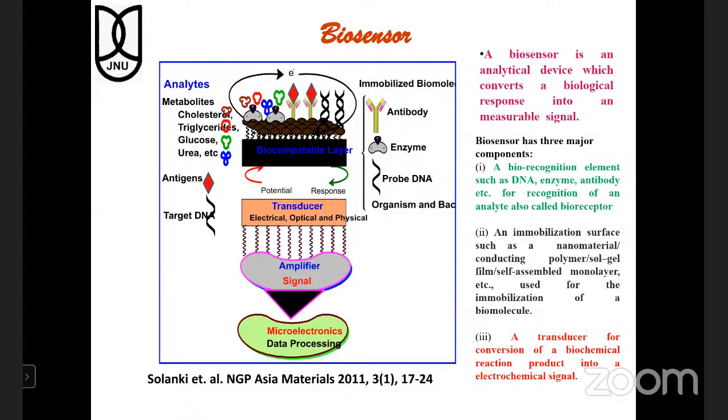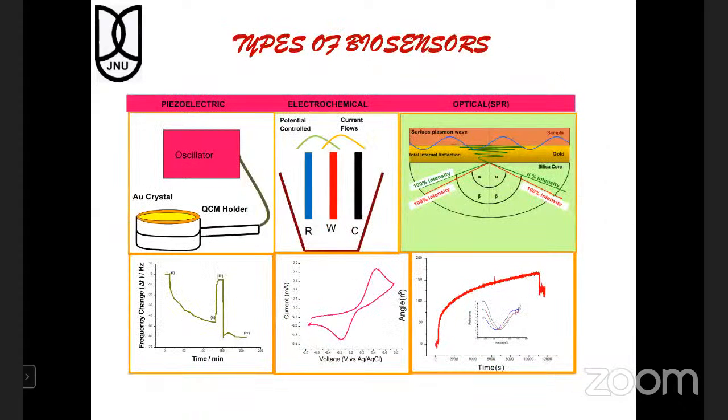After the transducer selection, we can attach an amplifier to enhance the signal, and finally we can monitor the output. On the basis of the type of transducer, piezoelectric, electrochemical, or optical transducers can be used.